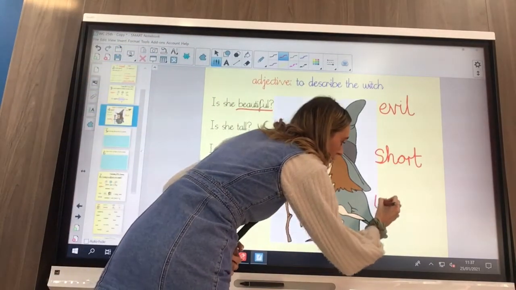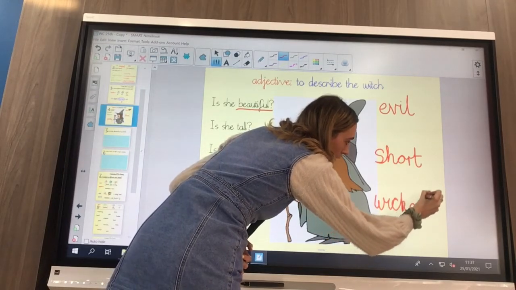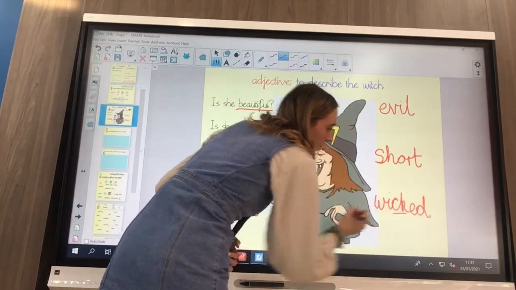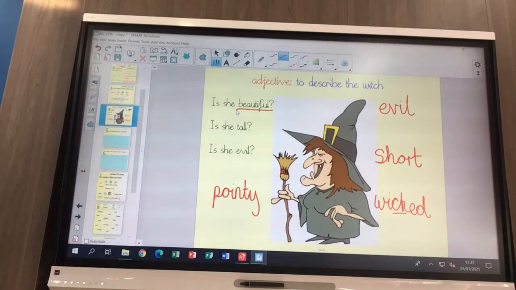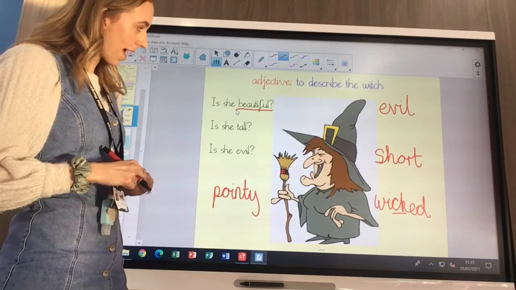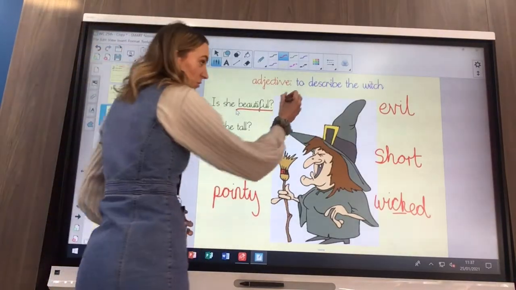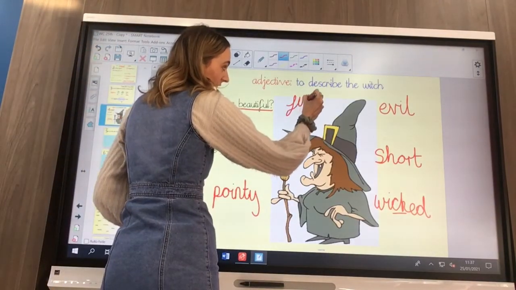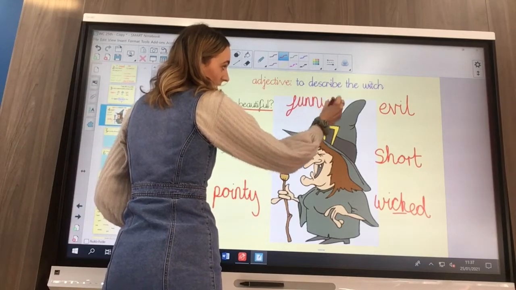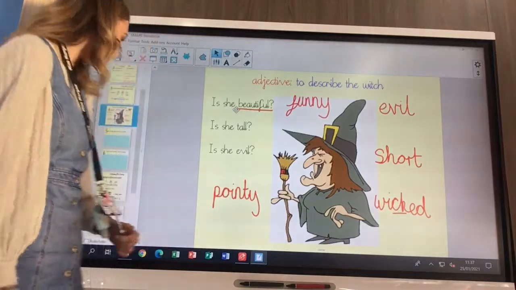I wonder if you've got wicked too. And it's spelled with a curly K and a kicking K together. Wicked. What about funny? She is laughing, so you could write funny. Okay. I can't wait to see some of the adjectives that you've come up with.